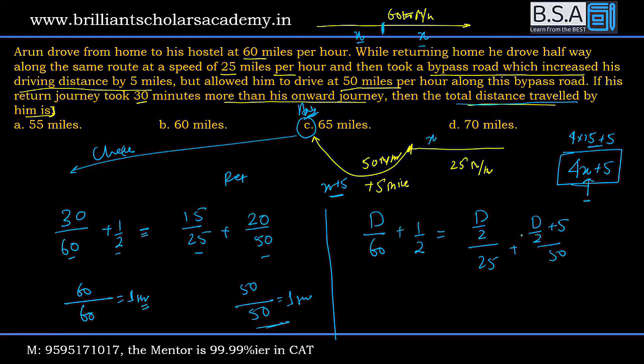This is d by 2 plus 5. Not d, distance d is your answer. So by assuming the distance as x plus x plus x plus x plus 5, you bring down this question by a couple of minutes. अगर ये 3 मिनट का सवाल था, तो you bring it down to 2 minutes, 1.5 minutes.